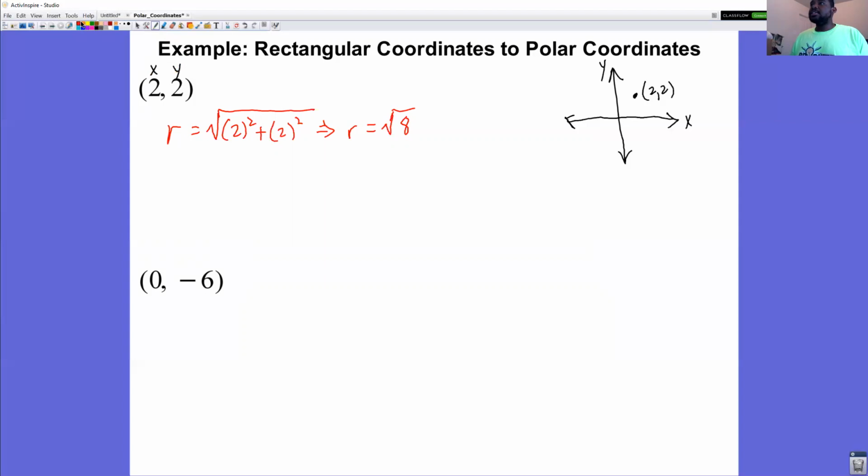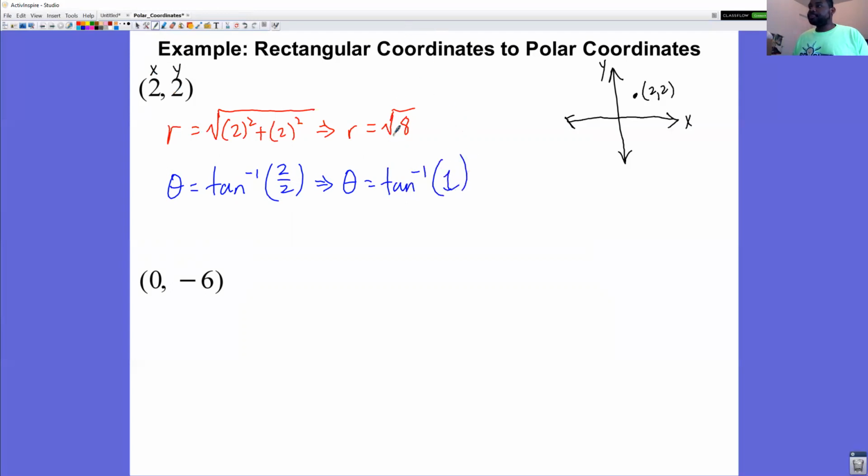So now let's take a look at finding theta, because that's going to be the tricky part. So theta equals tangent inverse of 2 over 2, which is equivalent to theta equals tangent inverse of 1.